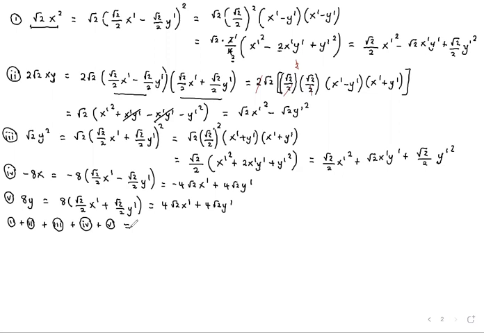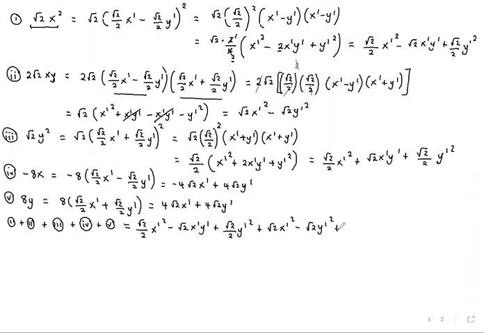So now we pick the first one. The first one is root 2 over 2 x prime squared minus root 2 x prime y prime plus root 2 over 2 y prime squared. The next one is plus root 2 x prime squared minus root 2 y prime squared.